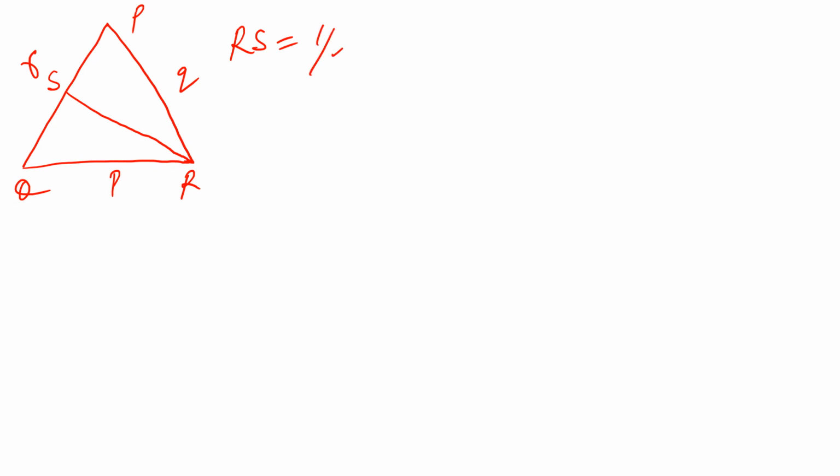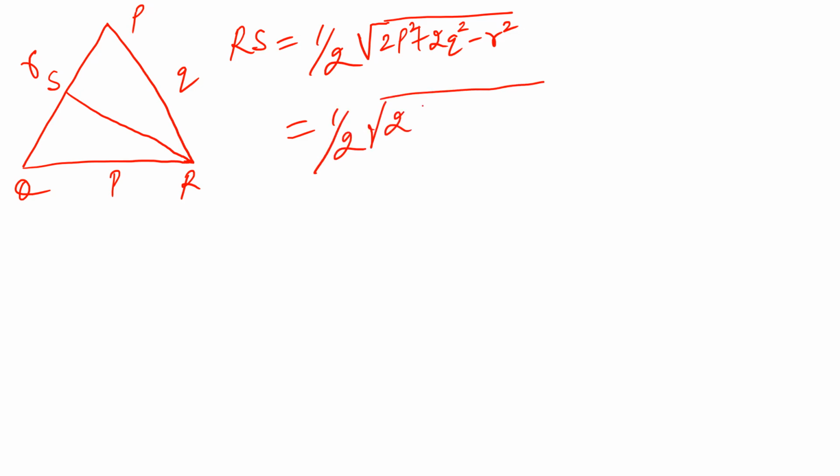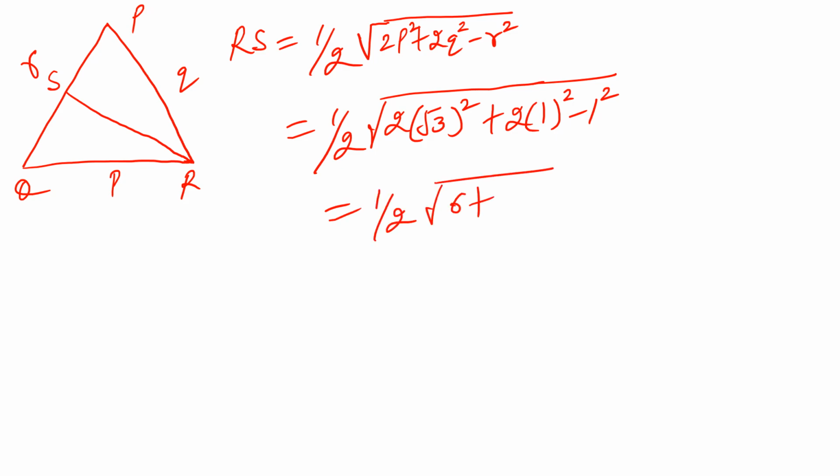According to it, RS is equal to 1/2 into square root of 2p square plus 2q square minus r square, which is equal to 1/2 into square root of 2 into √3 square plus 2 into 1 square minus 1 square. So this becomes 1/2 into square root of 6 plus 2 minus 1, which is just root 7 upon 2. So that means option A is correct.